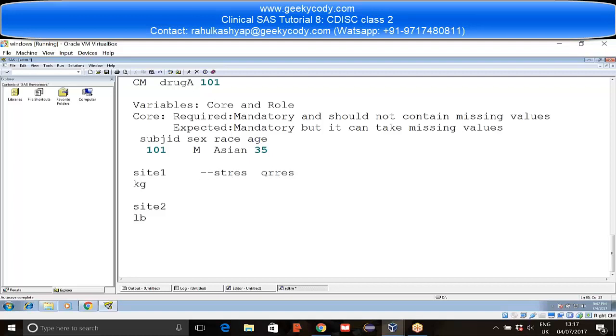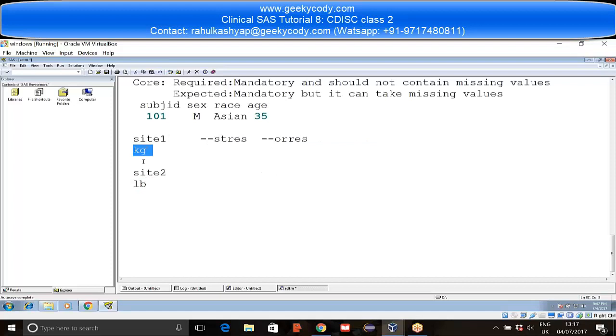Here the standard result is kg. Sometimes original result and standard result will be the same. Here the standard for weight is kg, and the original result, meaning in what form they collected it, is also kg. But here, as the standard is kg, but originally they collected in lbs.